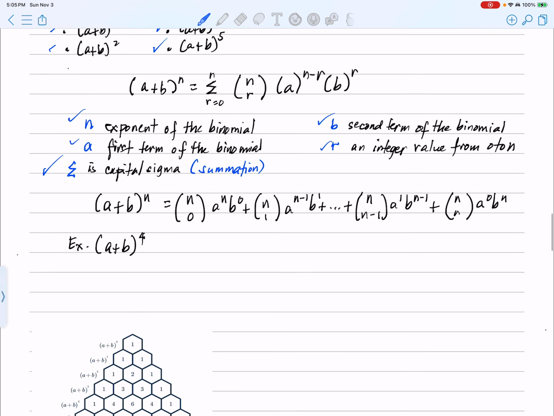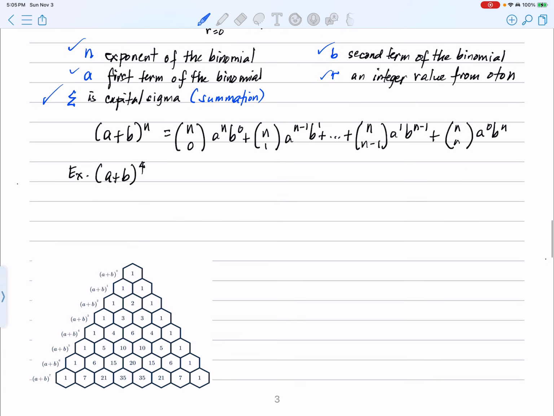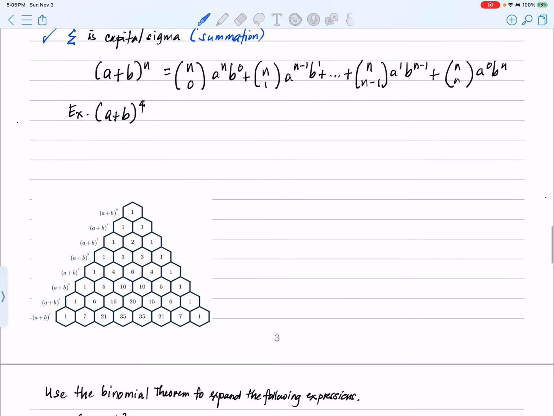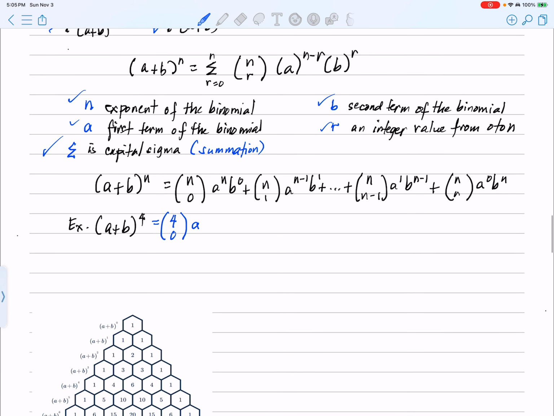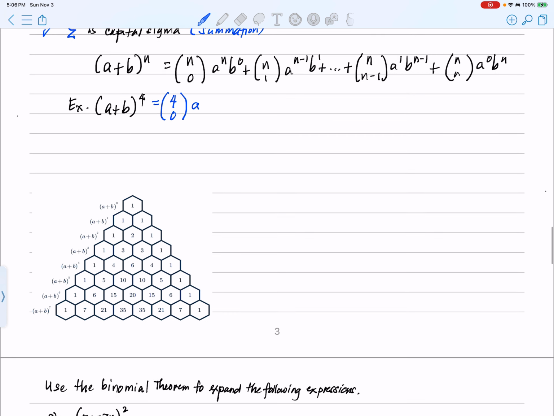All right, let's do this. I'm going to start with n choose 0, but n is 4, so this will be 4 choose 0. So that would be a, remembering that we have to subtract n minus r, so 4 minus 0, then b to the 0, because that is b to the r.